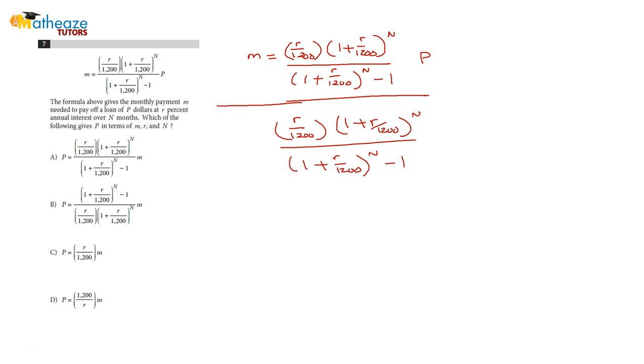So what that means is that we're just going to flip the numerator and denominator.